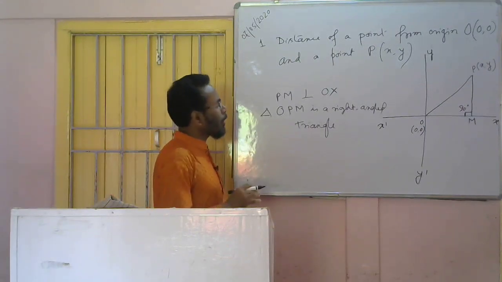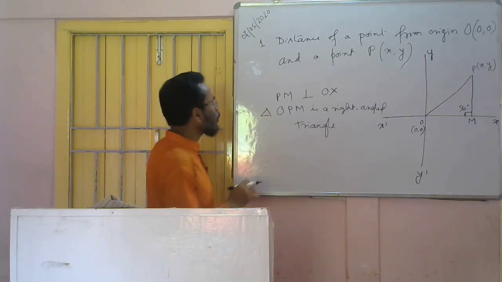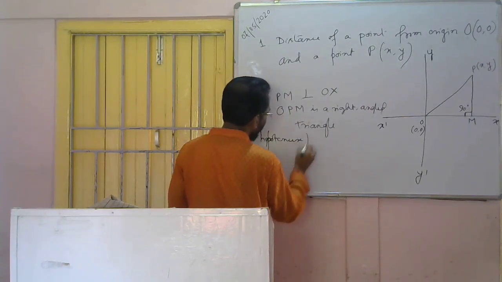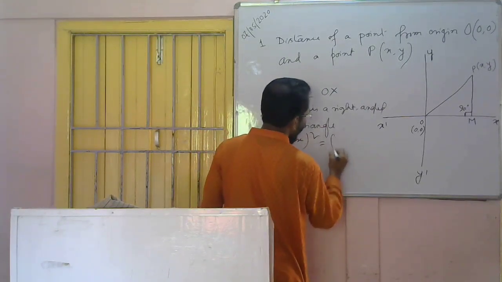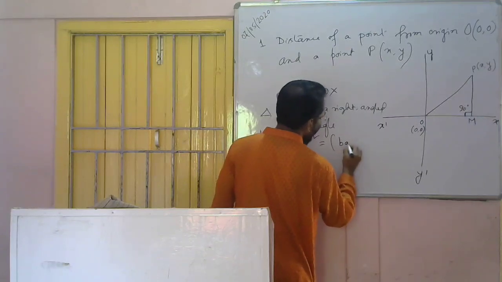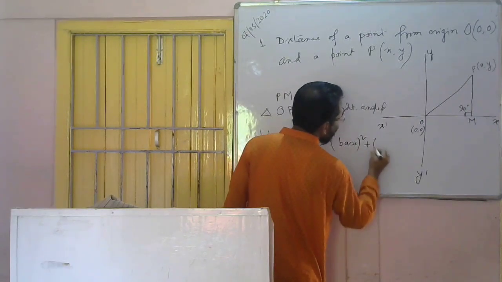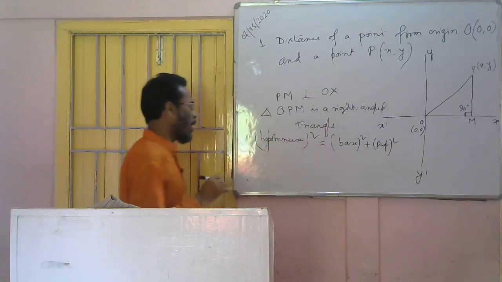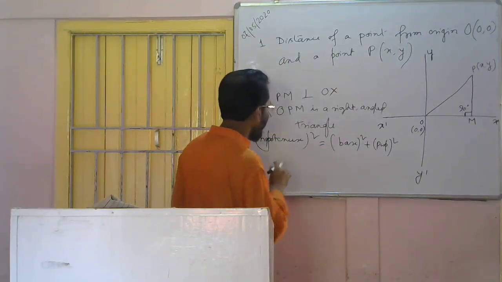In a right angle triangle, by the Pythagoras theorem, hypotenuse square is base square plus perpendicular square.